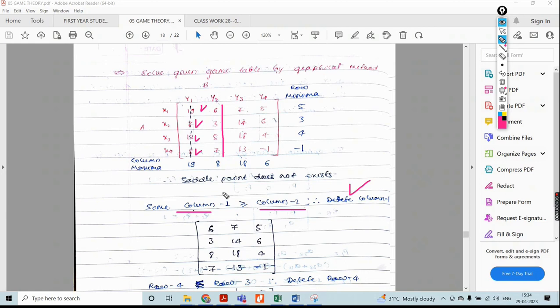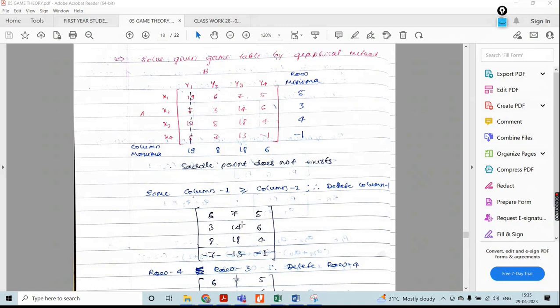Then we are considering only 6, 3, 8, 7, then 7, 14, 12, 13, then 5, 6, 8, 1.